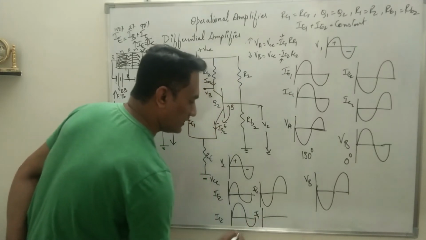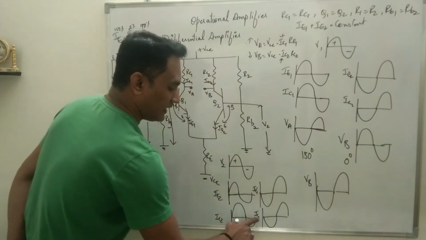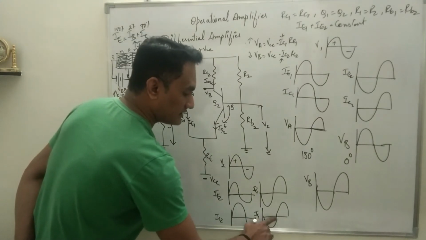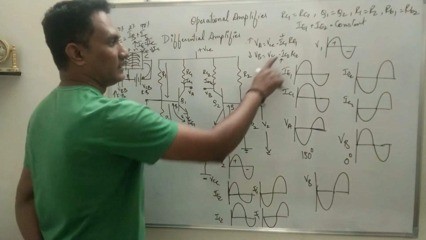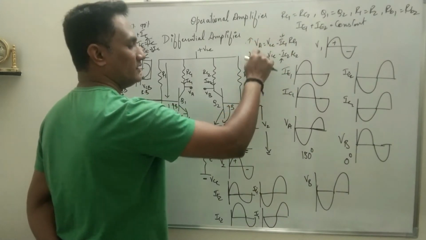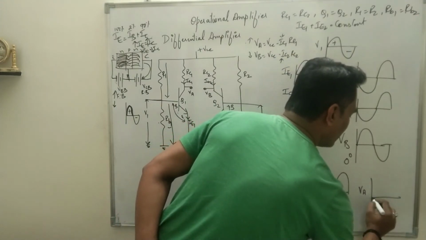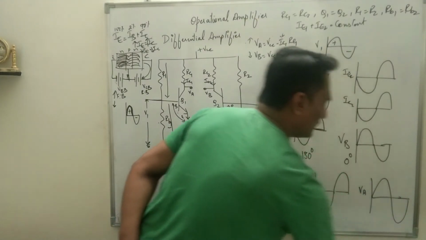And then IC1 will be exactly similar to IE1. If IC1 decreases during the positive half cycle, VA will increase. If IC1 increases, VA will decrease. So the waveform at VA will be like this.